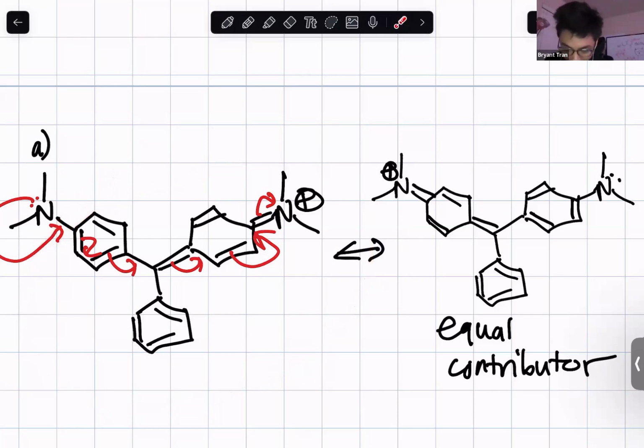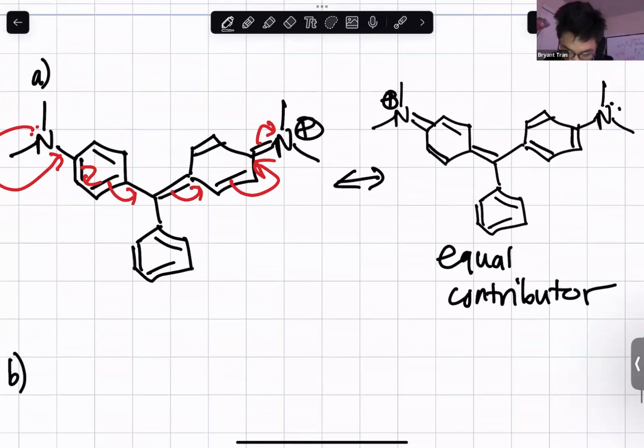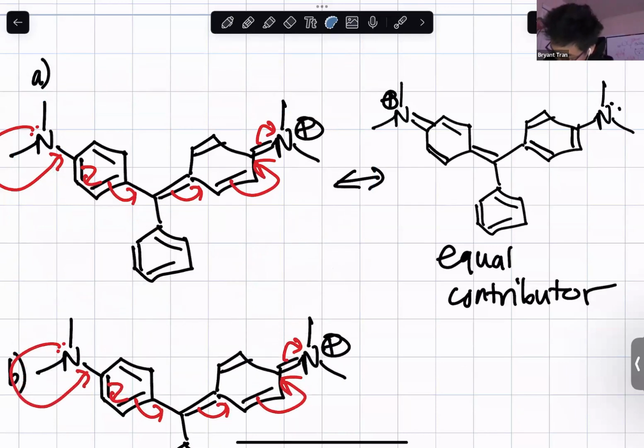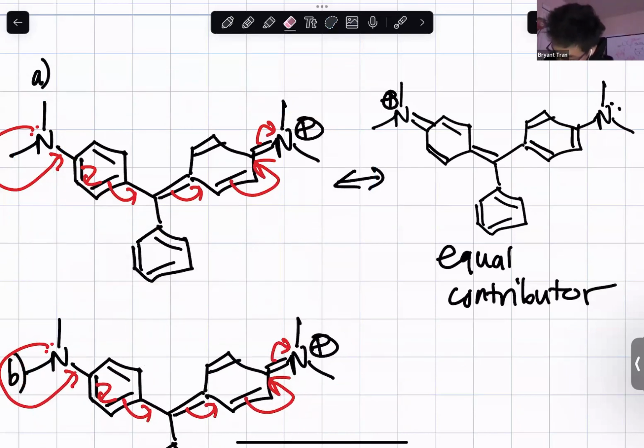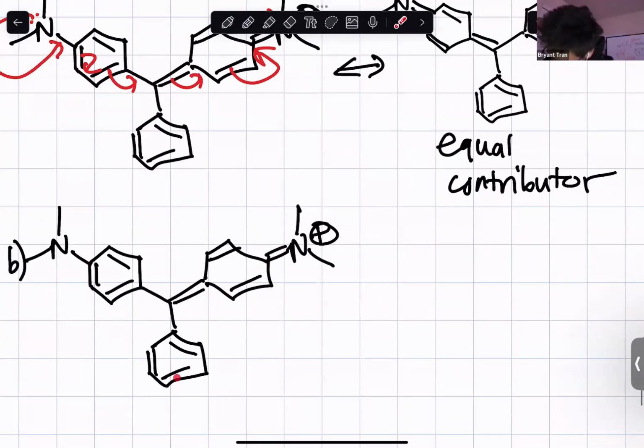That's good. For part B, they want you to draw out the minor resonance structure. So this is the major one that we're looking at. And then what you tried here for this part was shifted this here, boom, boom, boom, boom.